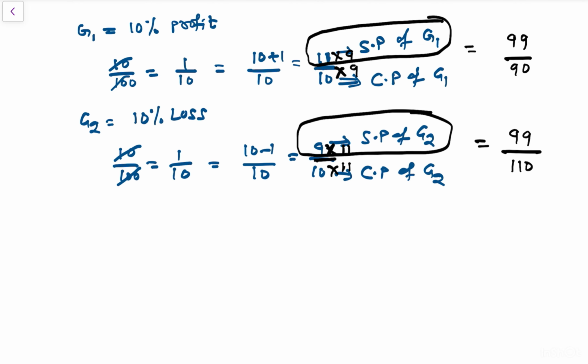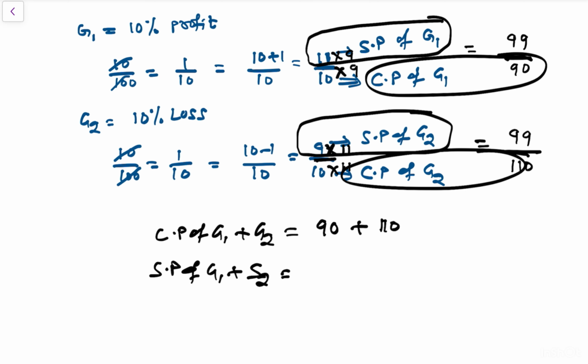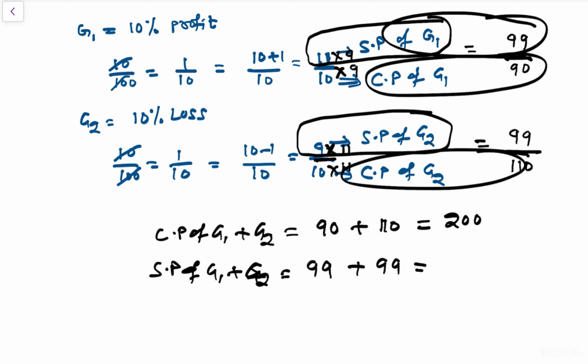So now the CP of goat 1 is 90 plus the CP of goat 2 is 110, so overall cost price is 200. The SP of goat 1 is 99 plus the SP of goat 2 is 99, so 198. That means there is a 2 rupees loss.